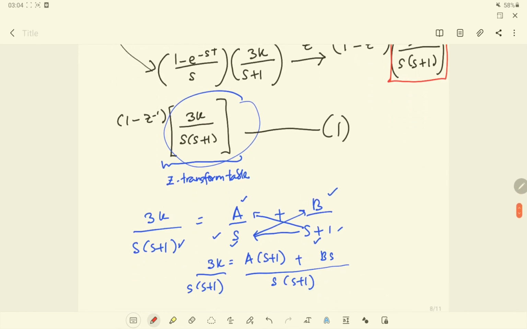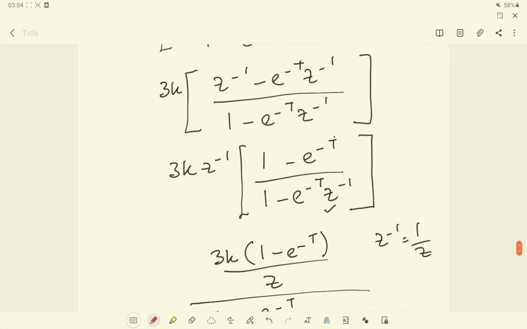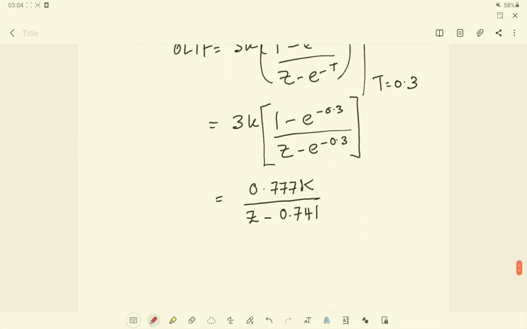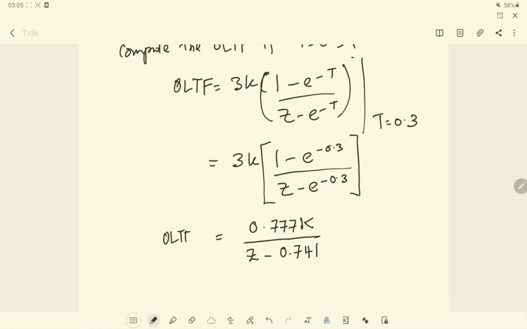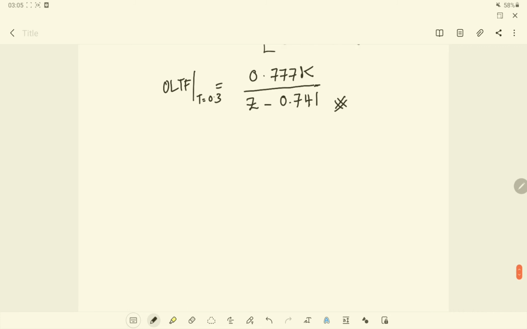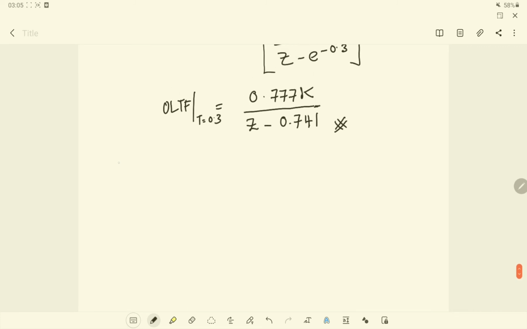Previously we already computed the open loop transfer function when t equal to 0.3, and this is the answer. Now we want to find the range of k to make the system stable.